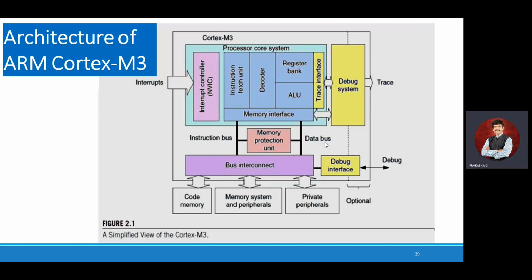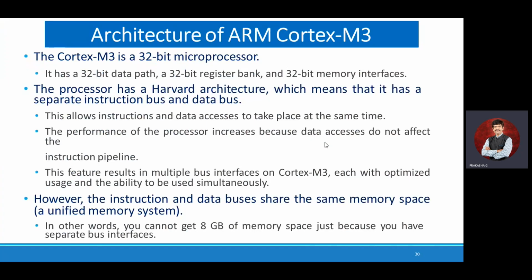The block diagram shows a separate bus for instruction, separate bus for data. So Harvard architecture means it has two separate buses, two separate memories also. One memory for data, one memory for instruction. But Von Neumann architecture is not like that. The same memory is used for your data and also instruction.